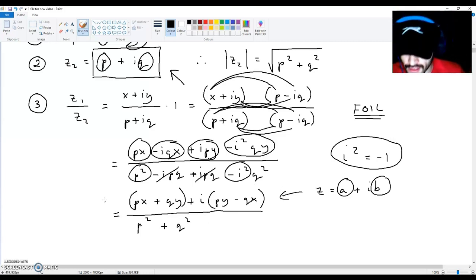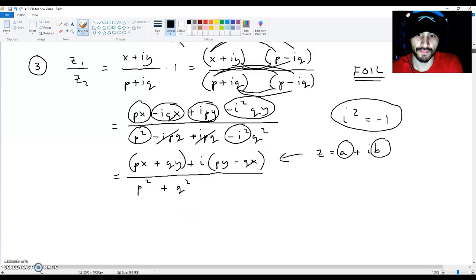Now since we've got this, we can simplify further and get an even better complex equation.